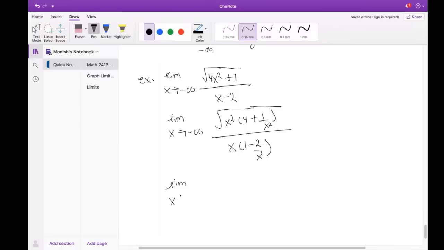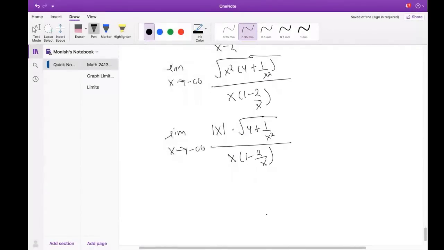And now when you have a square root of an x squared, you can pull this out as the absolute value of x. And you're left with 4 plus 1 over x squared over x times 1 minus 2 over x.